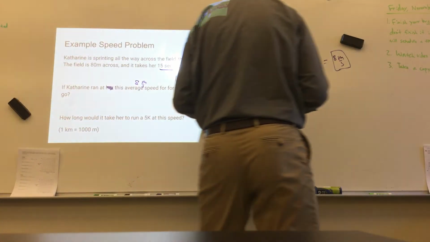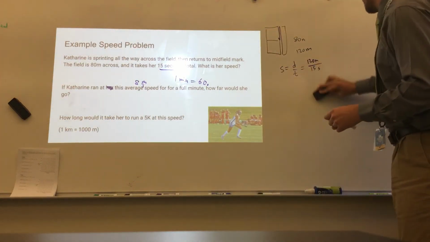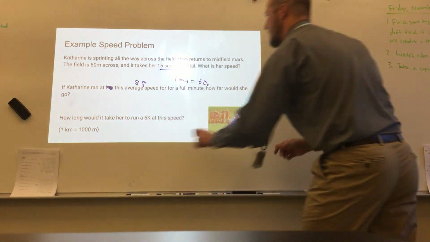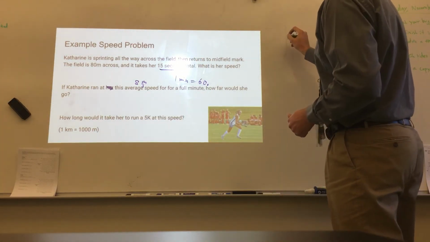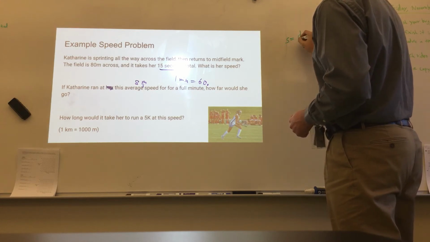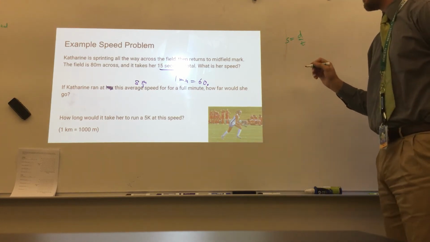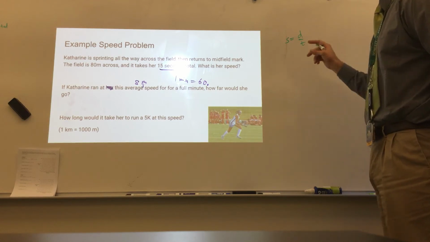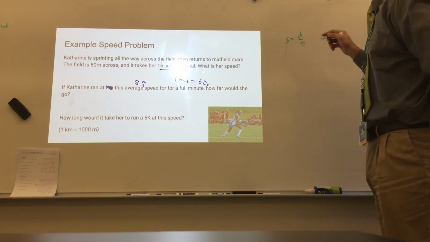So what we're going to do is take this same problem. Let's go ahead and erase what we've got over here. I'll use different colors. Green. We're going to use S equals D over T again. There are two ways you can go about this. You could plug your numbers in right now and rearrange it, or you could rearrange it and then plug in your numbers. I don't really care which way you go.